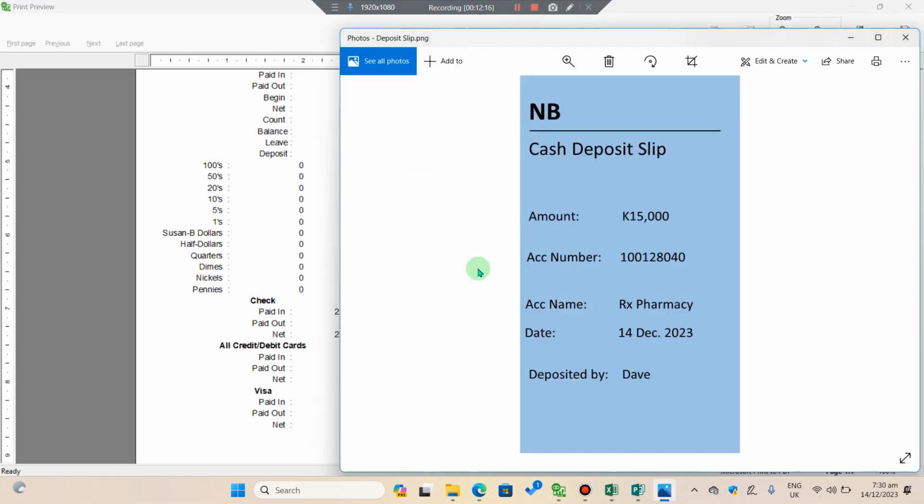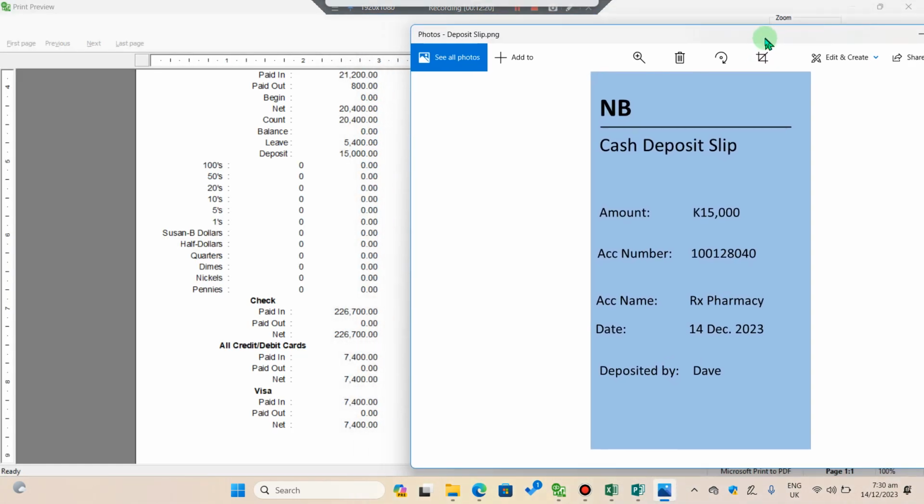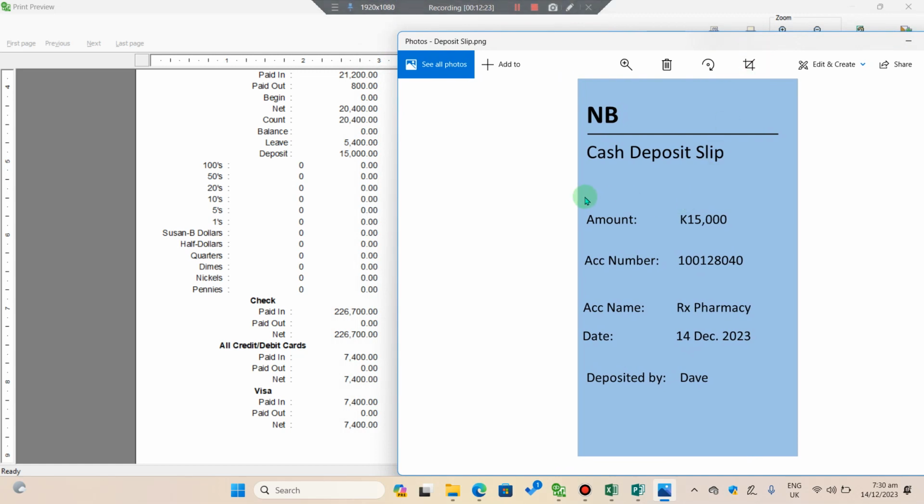So here is a sample deposit slip I just created just to give an idea. So this deposit slip has an amount of 15,000, and it was deposited to this account number by this. So there were many deposit slips, and the date here is 14 December.